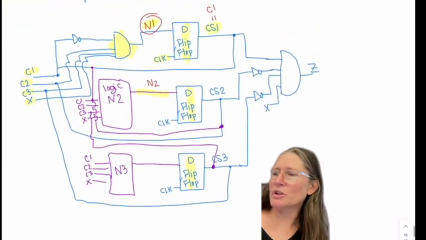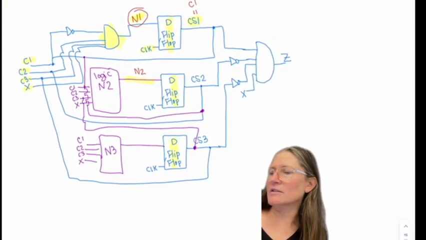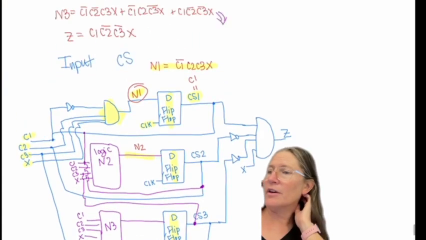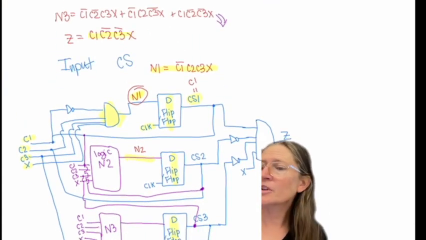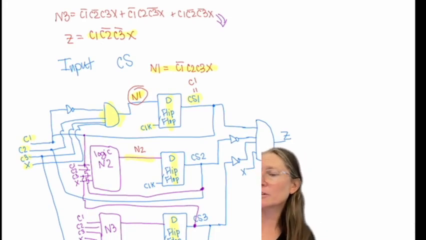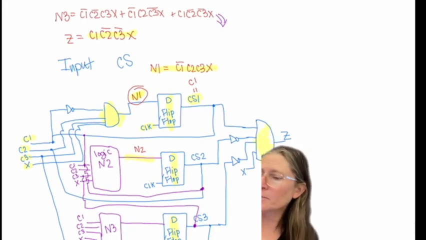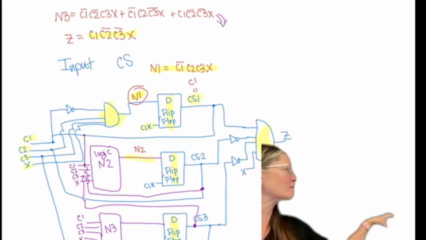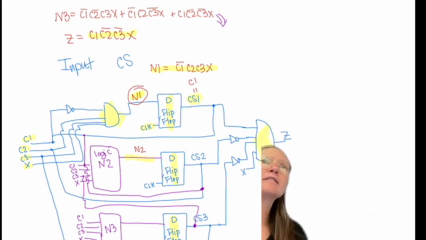So anyway, you can keep going through each of these, and then Z is going to be C1, C2 bar, C3 bar, and X. So that would be my final output there. So in the simulator, it would have a whole bunch of logic in that N2 block and in the N3 block.